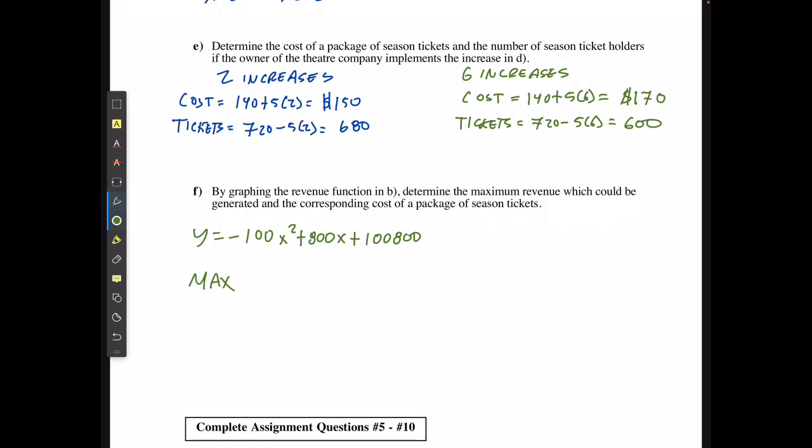In this case, I'm going to get a vertex at 4 and 102,400.